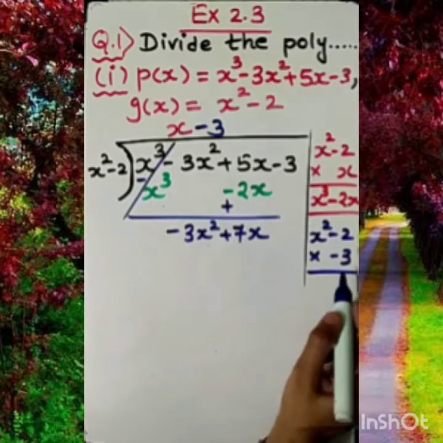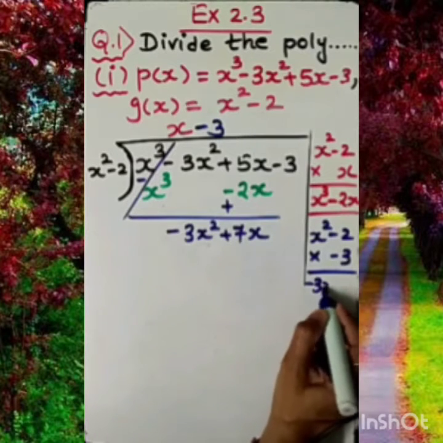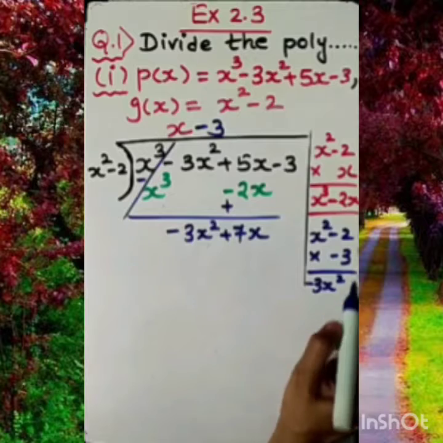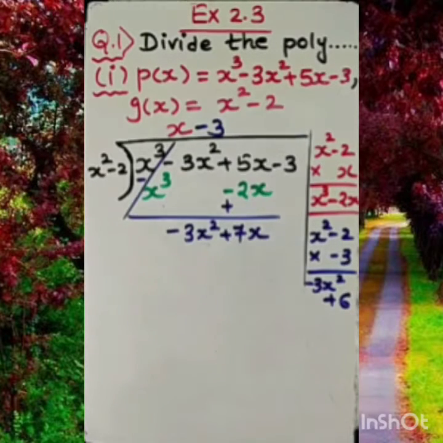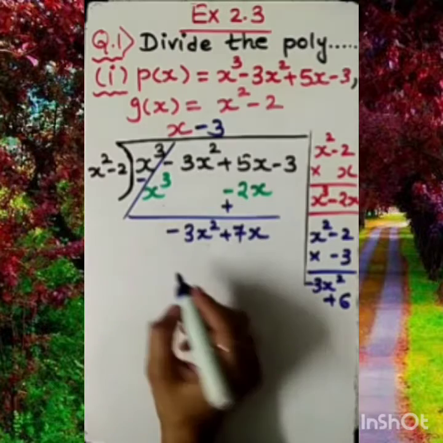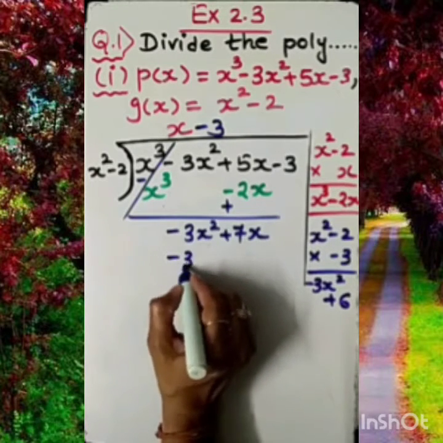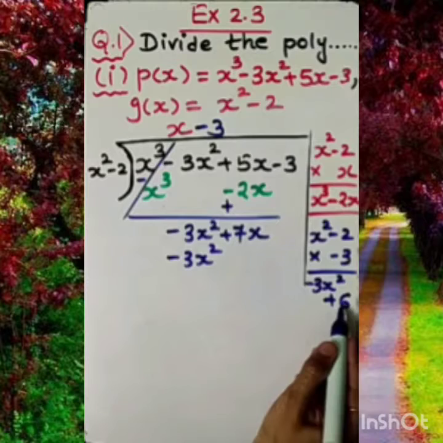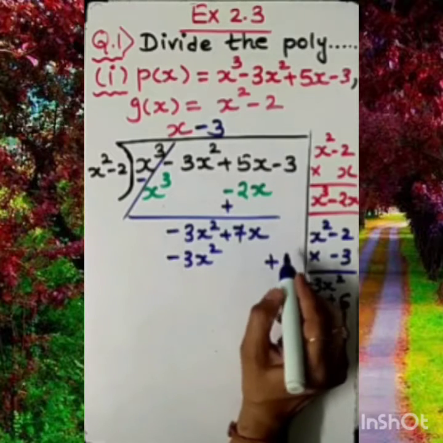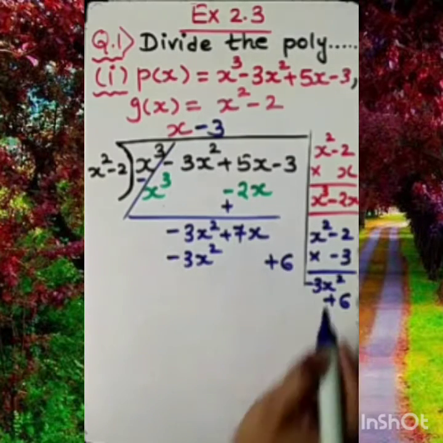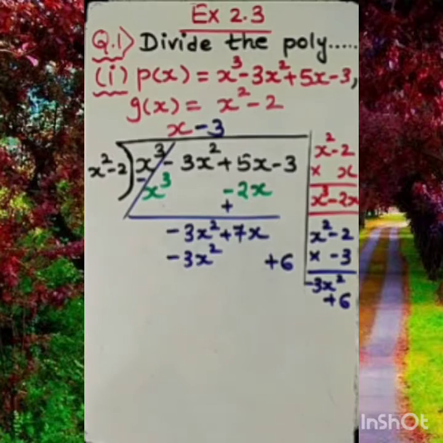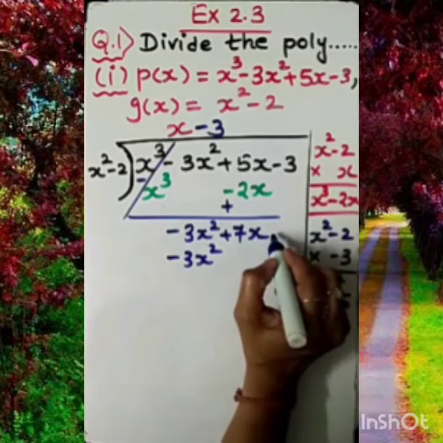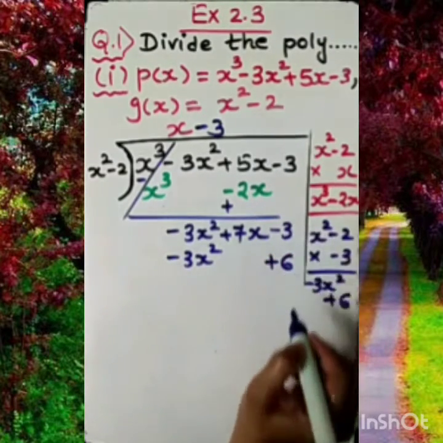The multiplication will be minus 3x square, and minus 2 into minus 3, in product it will be plus 6. So what should I write here? Minus 3x square and this plus 6 constant term. So I need to mention plus 6 here, as I am bringing this minus 3 down with that.